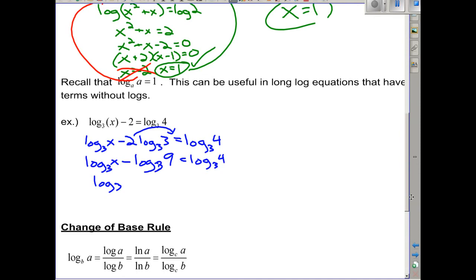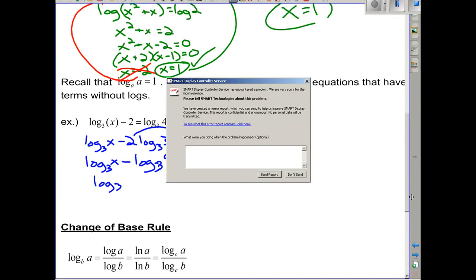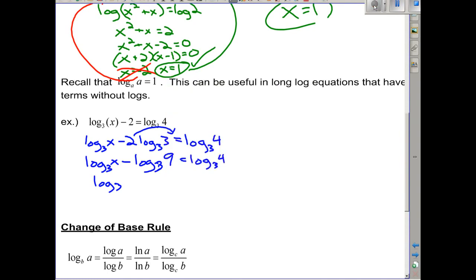I'm subtracting logs, so I should get log base 3 of x over 9 equals log base 3 of 4. Drop my logs. x over 9 equals 4, which in turn gives us x equals 36. If I put that back in, I'd have no problems.